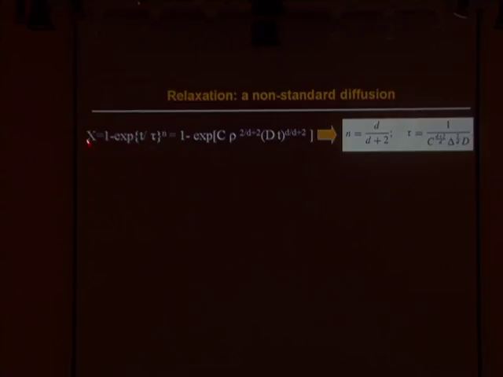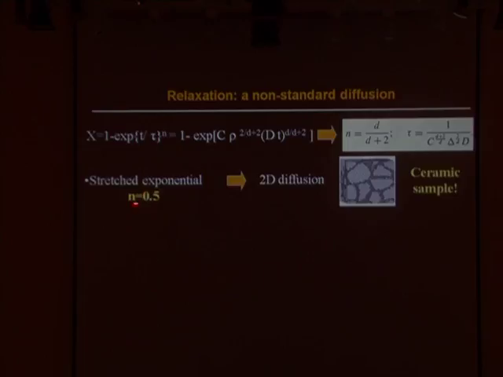So again, we find that our description of the relaxation with this function X will be related to the probability of survival of these particles diffusing in a series of traps, and then we can obtain some information about the parameters. As we obtain n equal to 0.5, considering this model, this is telling us that the dimension is 2. So this is a two-dimensional diffusion.